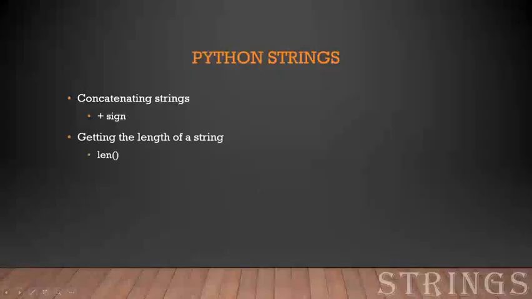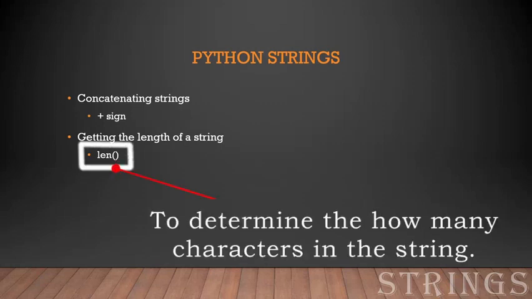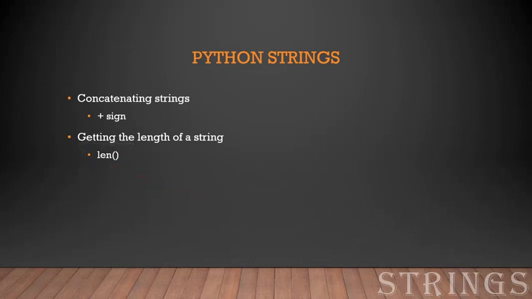Next we'll be seeing how to get the length of the string. We had seen a very small example in the previous video. We get the length to determine how many characters are in the string. We'll be using the inbuilt function len, open parenthesis, close parenthesis, which is short for length. The length includes spaces, because spaces are also characters, each having a length of 1.